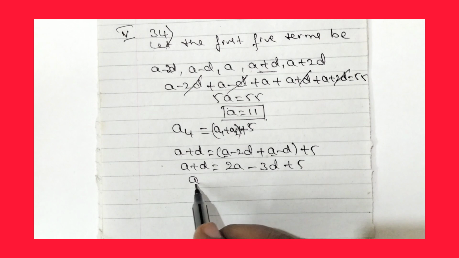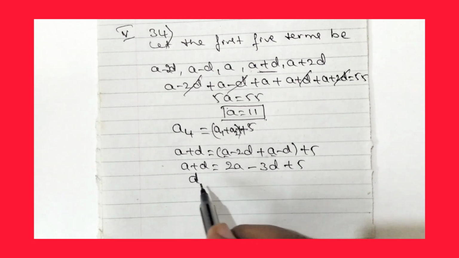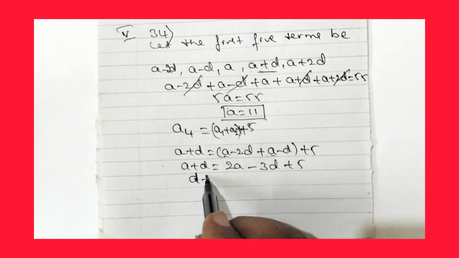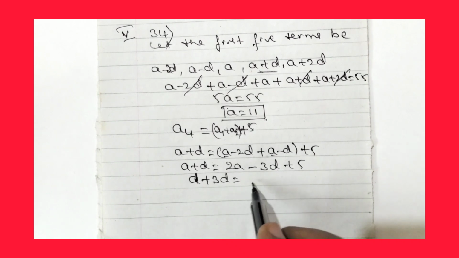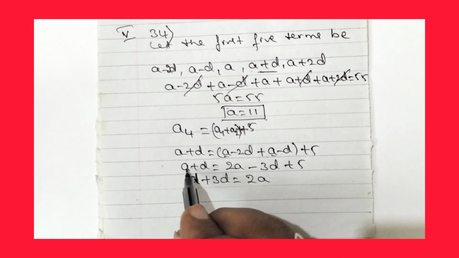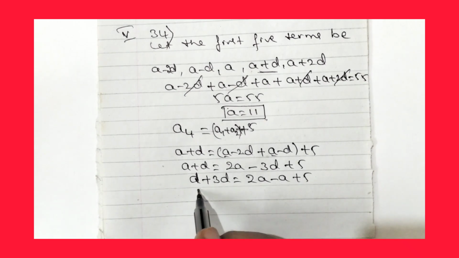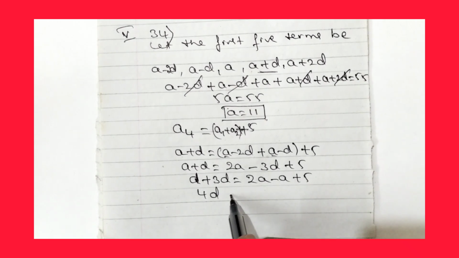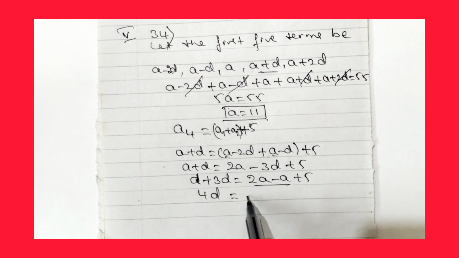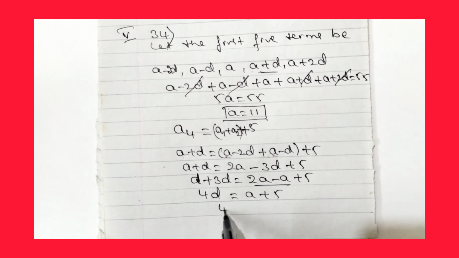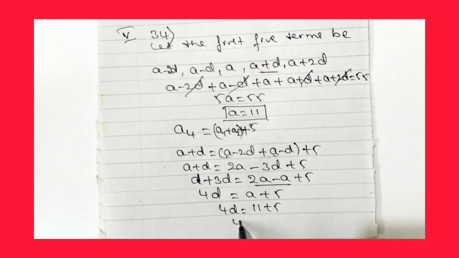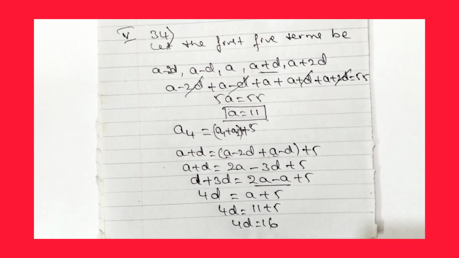So you bring minus 3d here, it will become plus 3d, is equal to 2a. You bring plus a, it will become minus a, plus 5. So d plus 3d become 4d. 2a minus a is a, plus 5. So now 4d is equal to a, which is 11, plus 5. So 4d is equal to 16.